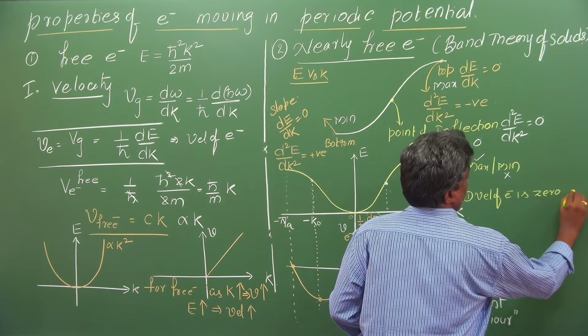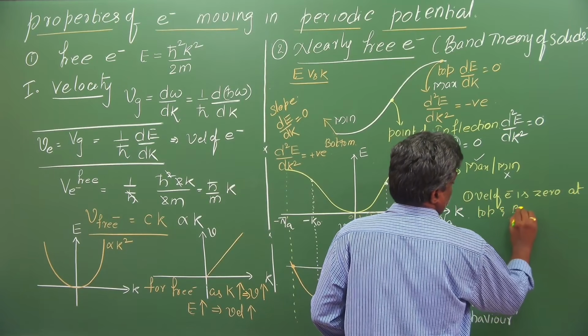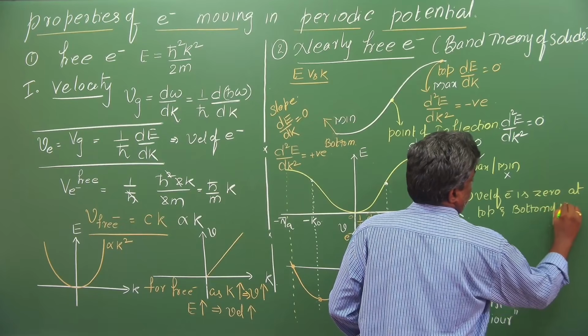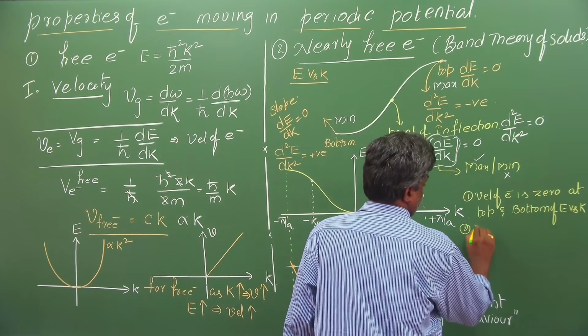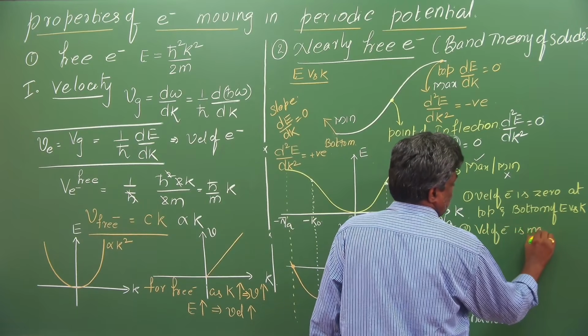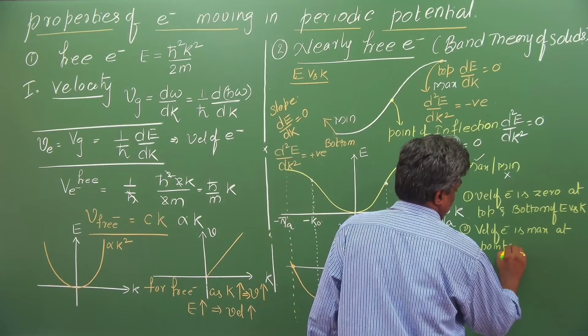Velocity of the electron is 0 at top and bottom of the energy versus k curve. Next, velocity of electron is maximum at point of inflection.